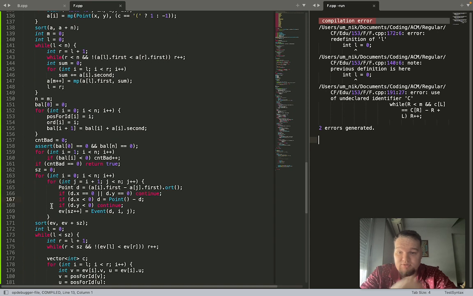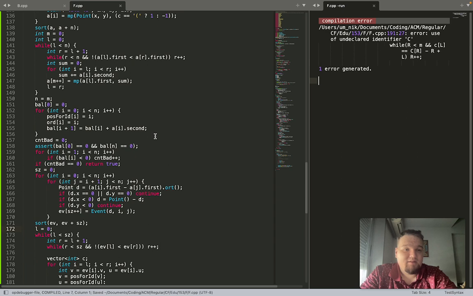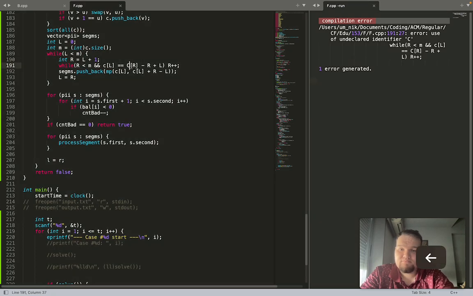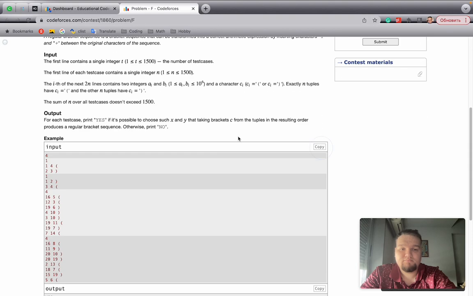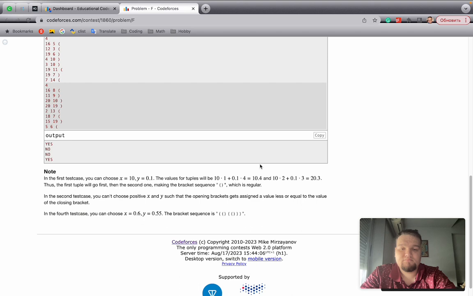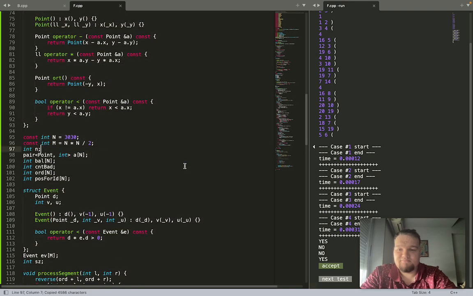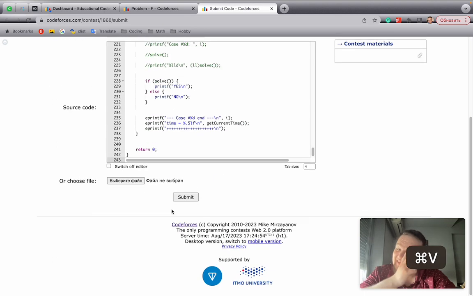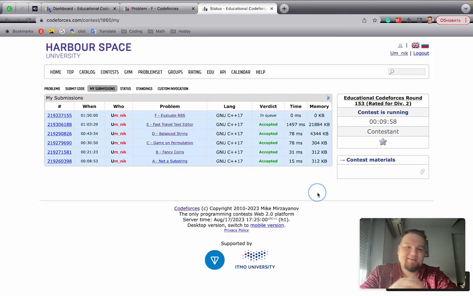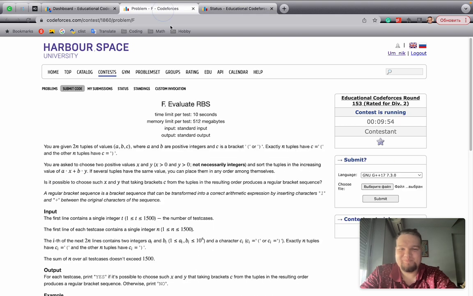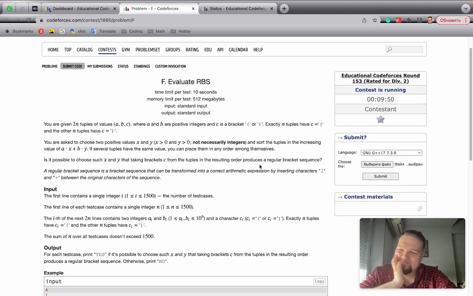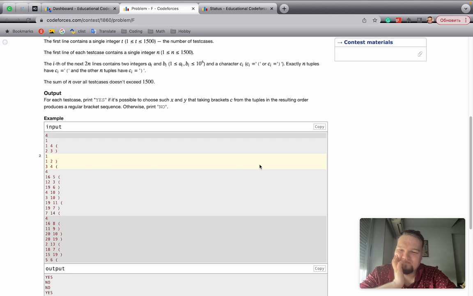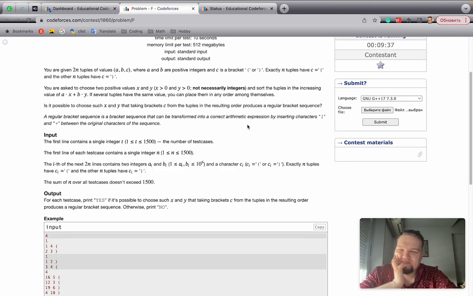Redefinition, just L here. Okay. Well, let's pray I didn't make any mistakes, because it will be very hard to debug. The increasing.